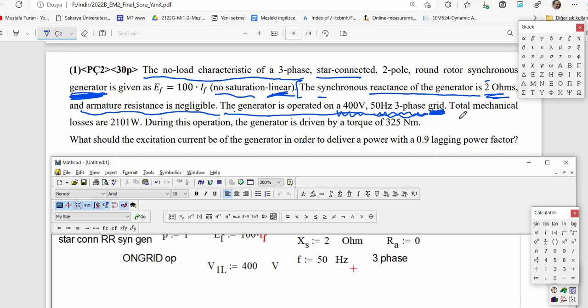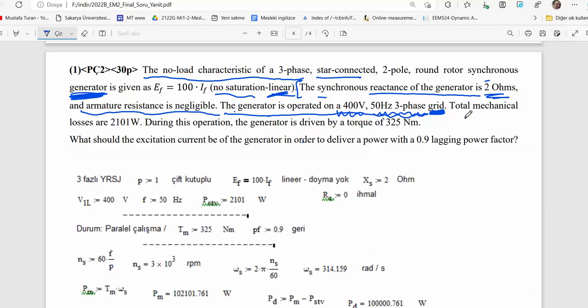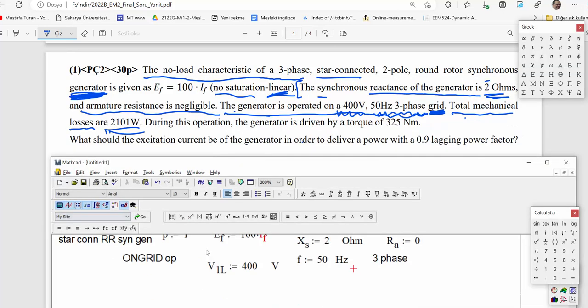The machine is operated in parallel with such a network. Total mechanical losses, which are made of frictional and windage losses, have such a value.